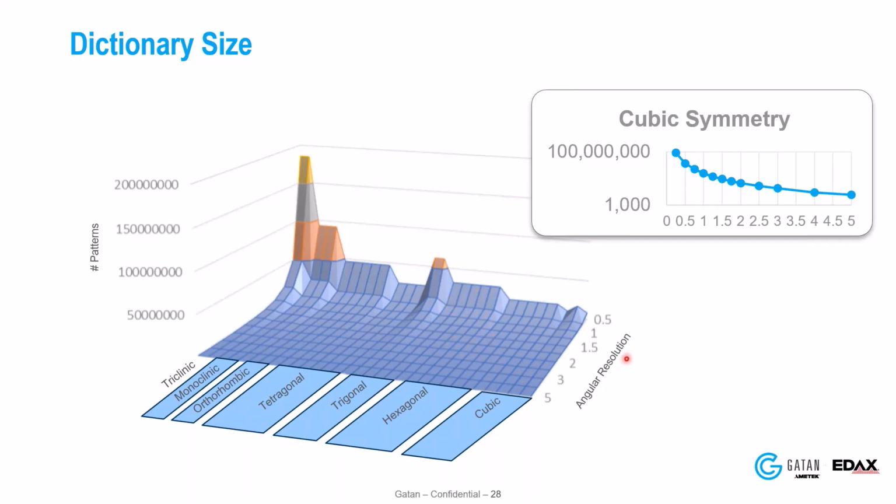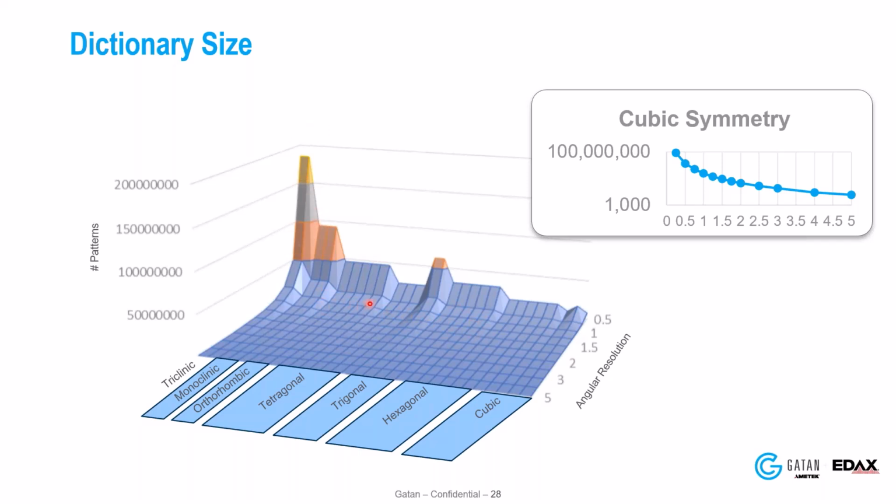So it's going to be affected both by the angular resolution that's selected, but also by the crystallographic symmetry of the material. So as our symmetry decreases, the size of our dictionary increases. So cubic is easier, but as you go to lower and lower symmetries, you increase the number of patterns you need to use.